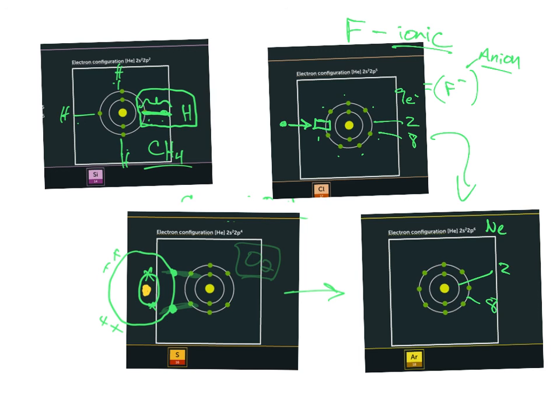So I hope that this was helpful for you. The only other thing that I would say here, actually kind of an important thing, at the end, we have a name for these. When you form these ionic bonds, like sodium chloride or lithium fluoride or something like that, these are called inorganic.